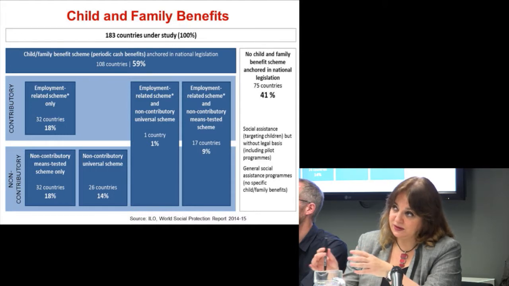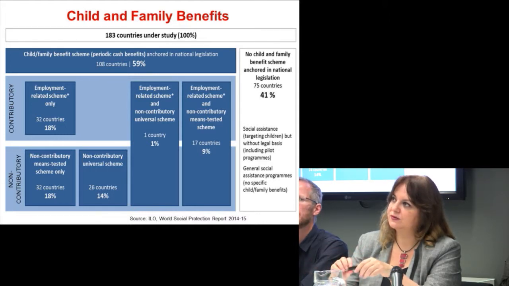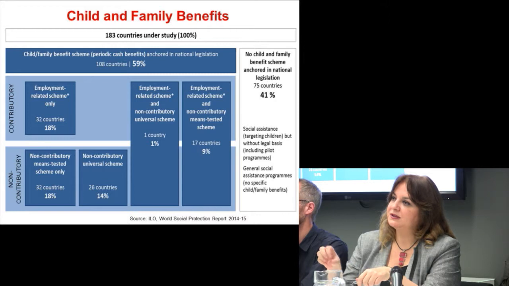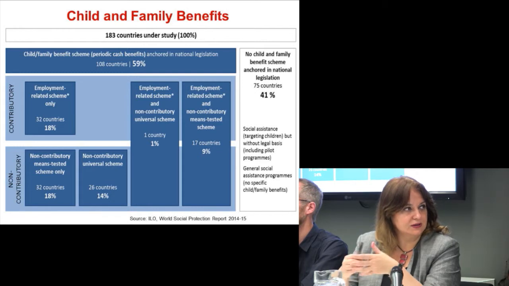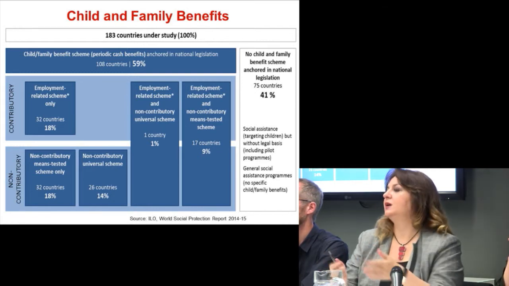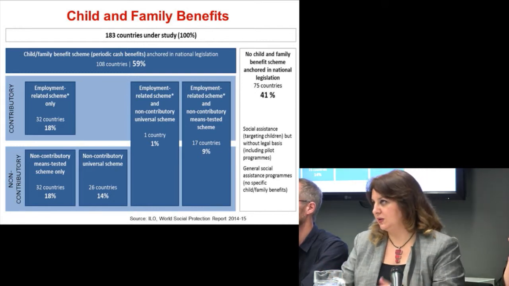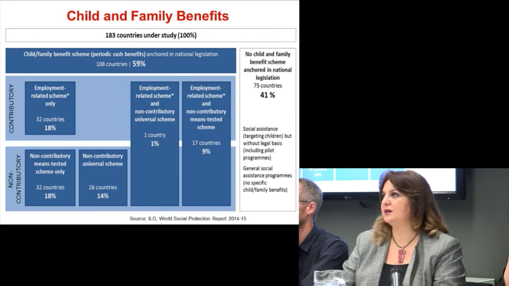And 75 countries, which is not a small number either, 41%, have simply cash transfers as part of some social assistance. But these ones are not enshrined by law, and they are not part of a social security system as the others are.